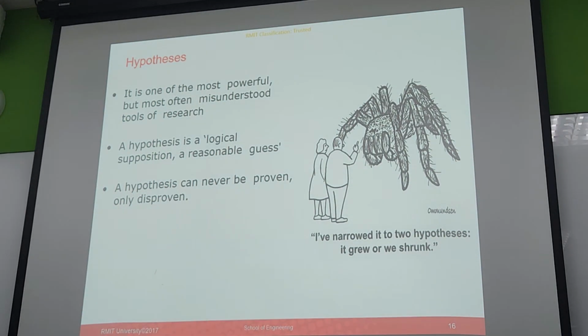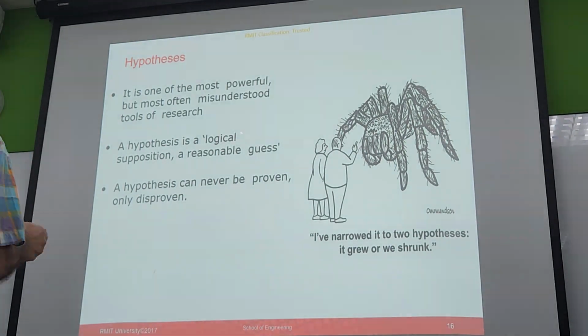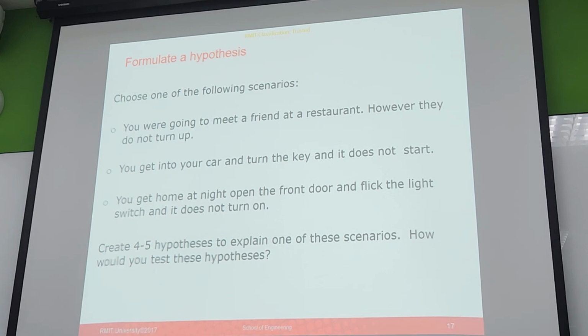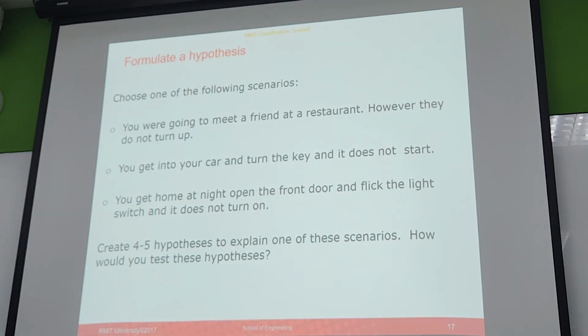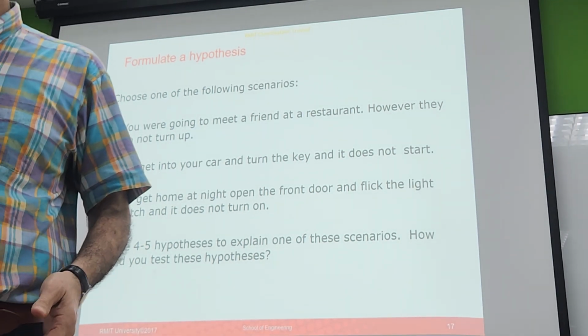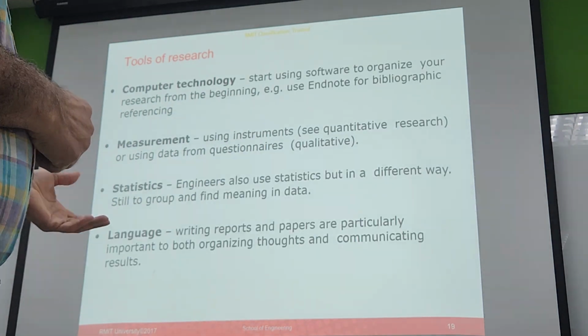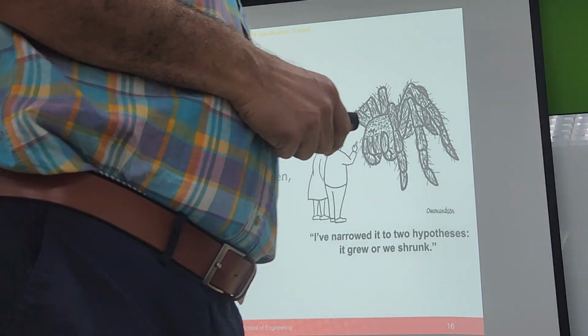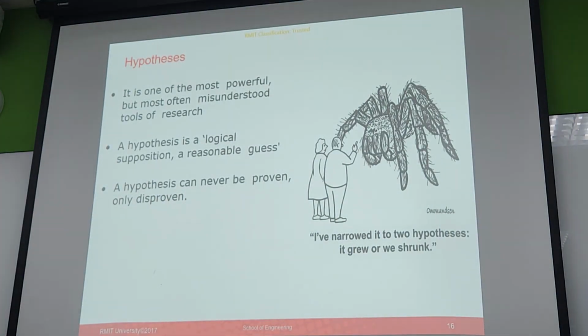Okay. Another question that comes to research is about hypotheses. The formulation of the hypothesis is very important. Can you tell me about the hypothesis? What is the difference between hypothesis and theory?